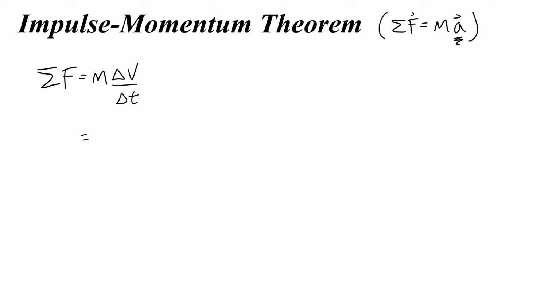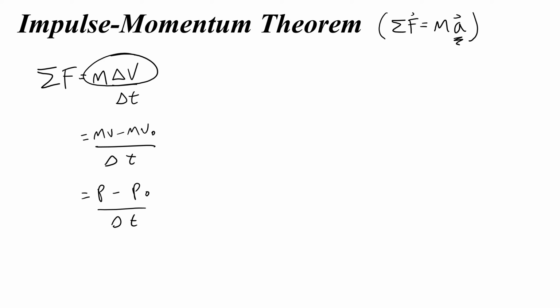Now let's get to this place where Isaac Newton is talking about change in momentum, the change in quantity of motion. Well, you should hopefully recognize that this m delta v, that's like saying mv minus mv naught over delta t, or p minus p naught over delta t, or the change in momentum over the change in time.